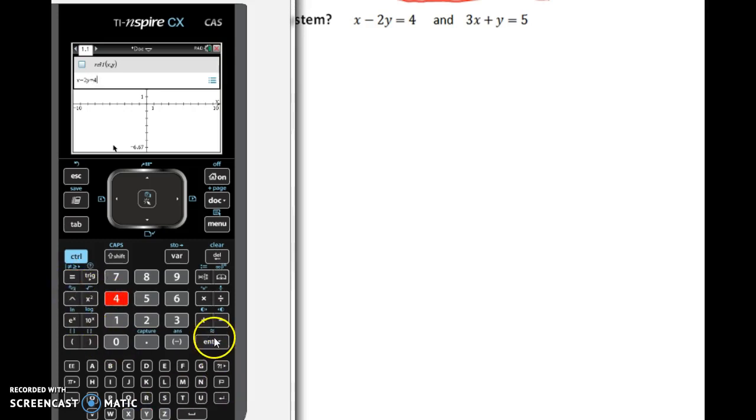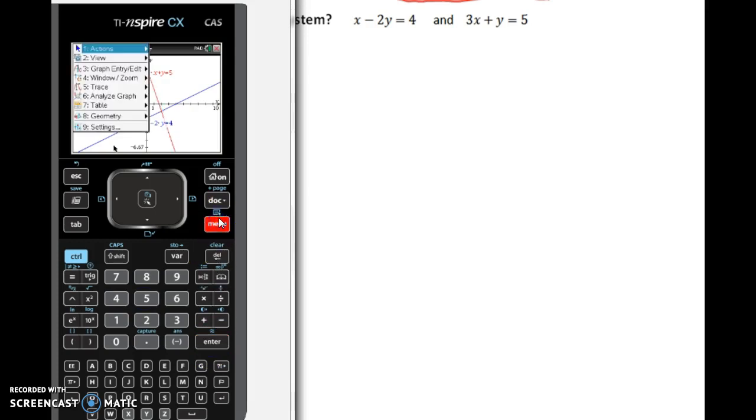And just press enter. Wow, graphs without solving for y, it's crazy. TI-Nspire is the best. 3x plus y equals 5. Press enter, it graphs.